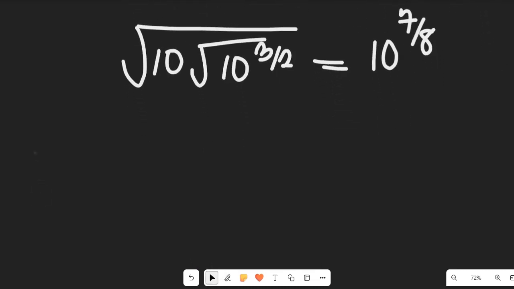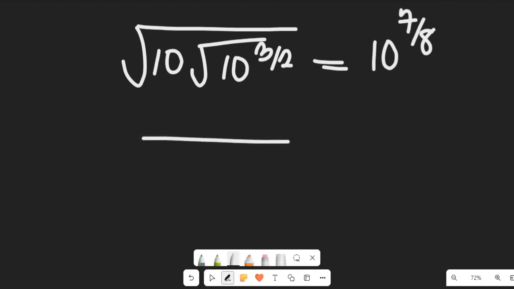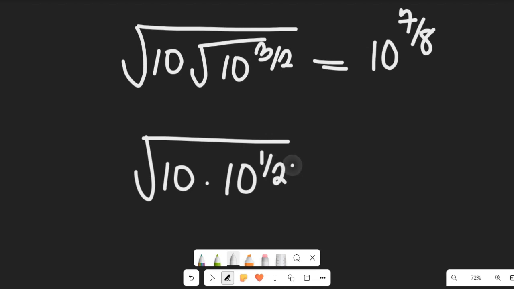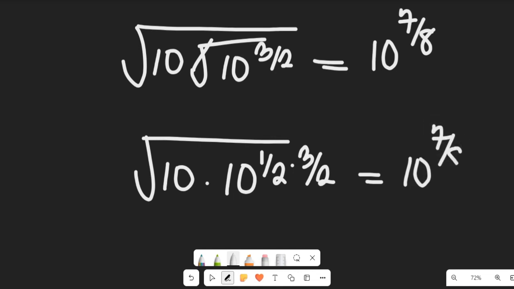So let's simplify further. Now that square root expression can now give us this, right? 10 multiplied by 10 to the power of 1 divided by 2 multiplied by 3 divided by 2, right? Because we change the square root, and this will be equal to 10 to the power of 7 divided by 8.